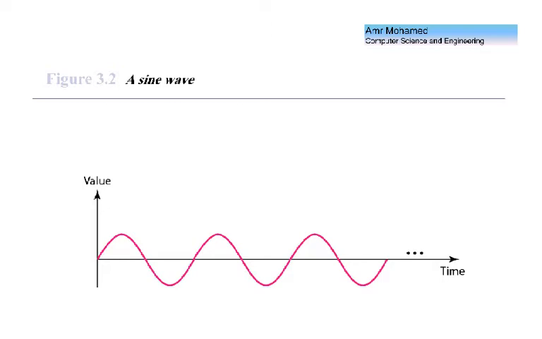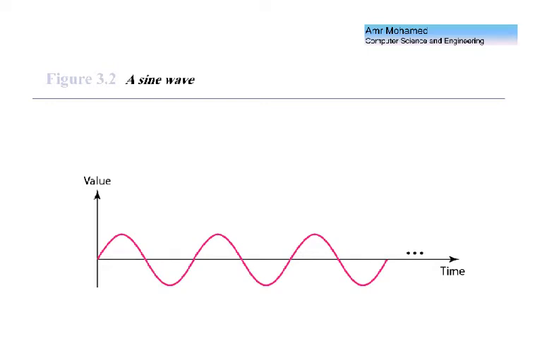Any periodic signal can be represented using three things. The amplitude. So this is the peak amplitude.